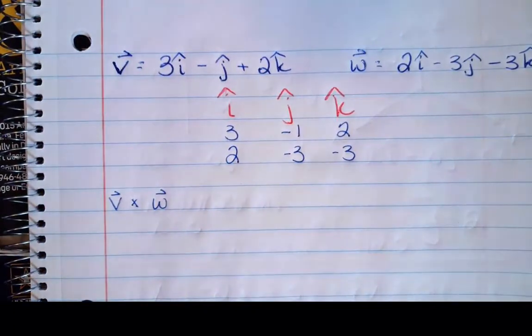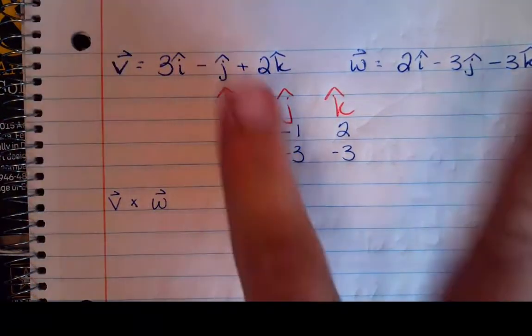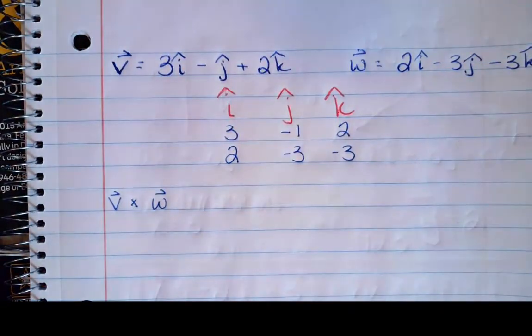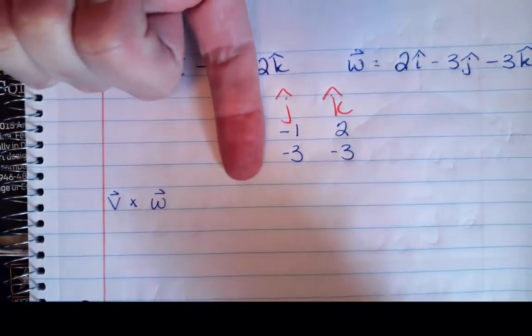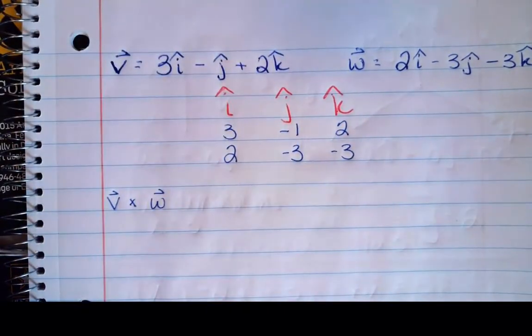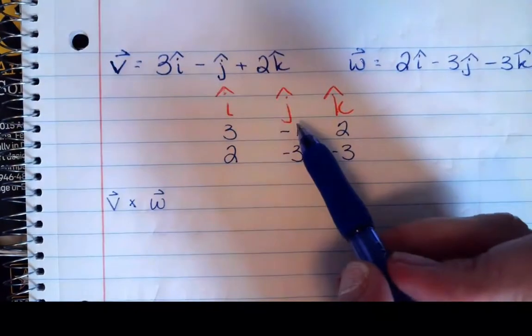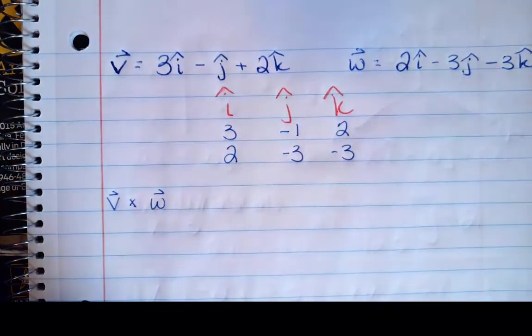And since the cross product returns a vector that is orthogonal to both of these and is normal to the plane that both of those lie in, what we're going to do is harken back to taking determinants. So if you took determinants in algebra, then you'll remember that to take a determinant of a 3 by 3, it's going to be easier if I just say it this way.